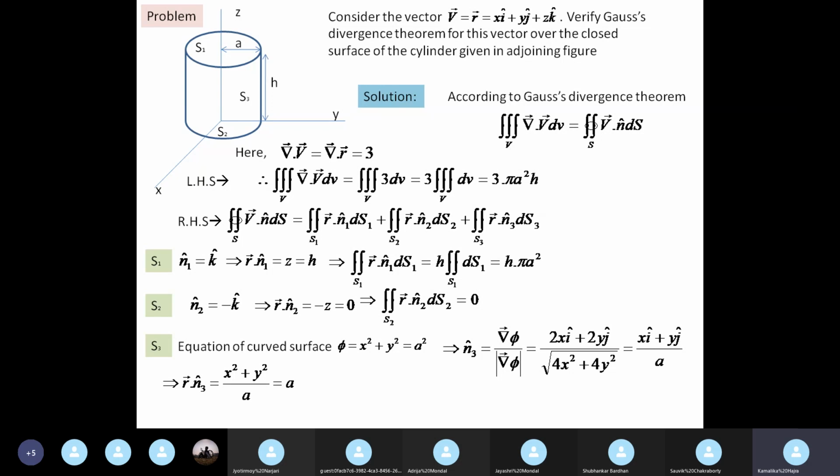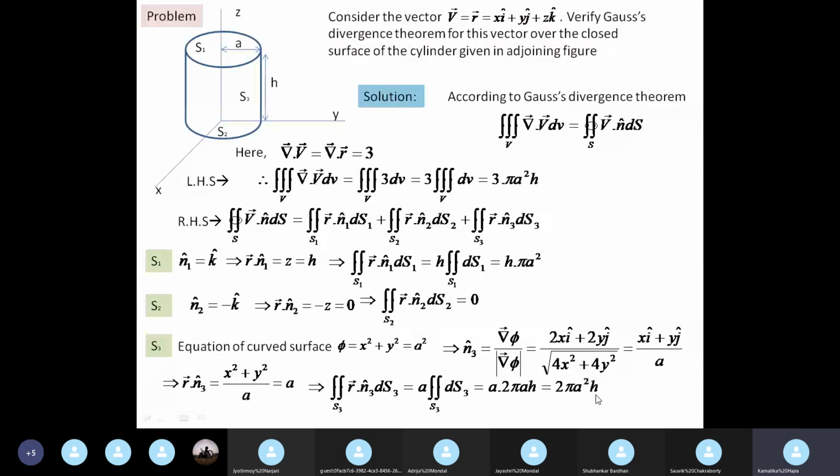All right. So the integration over S3 of r dot n3 dS3 is a, so a comes outside. So the surface integration of dS3 will give you the total surface area of the curved side of the cylinder, which according to the formula, as you know, is 2 pi a h.